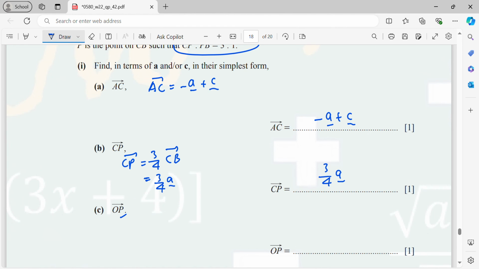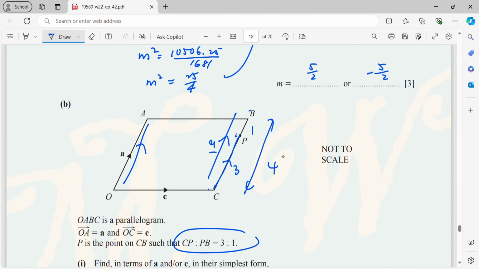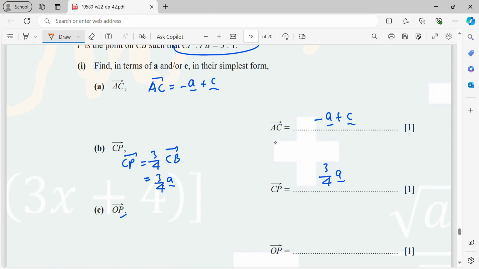Now OP. Okay, go back to the diagram. Here is OP. So OP is OC plus CP.